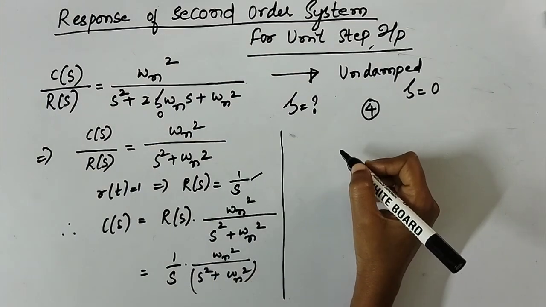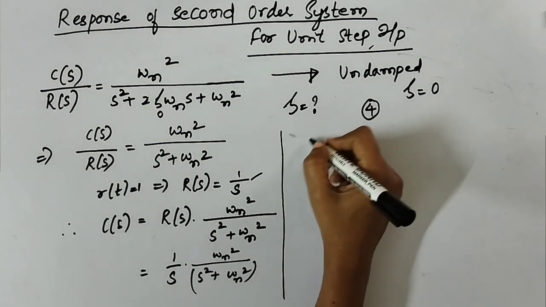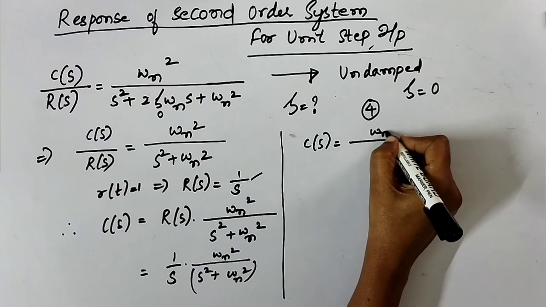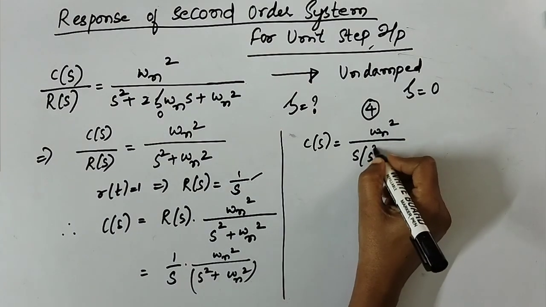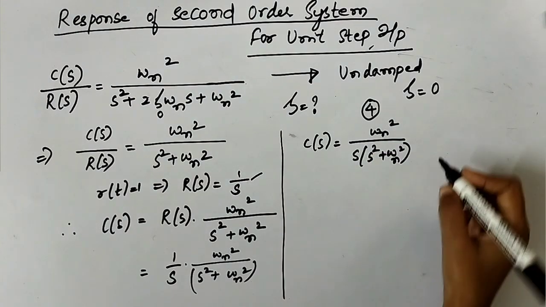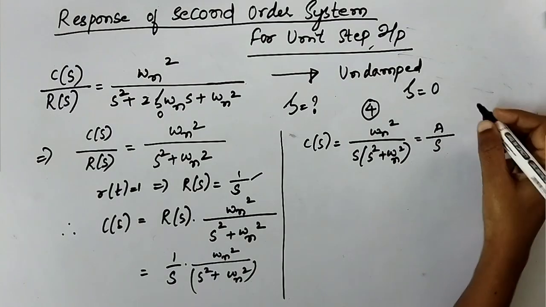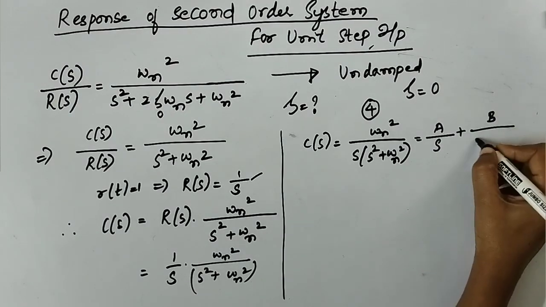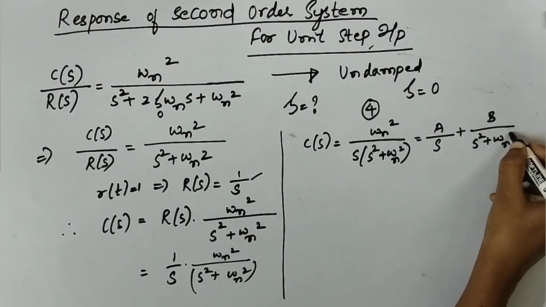By partial fraction expansion for this, C(s) would be omega_n^2 / (s (s^2 + omega_n^2)) equal to A/s + (Bs + C)/(s^2 + omega_n^2).